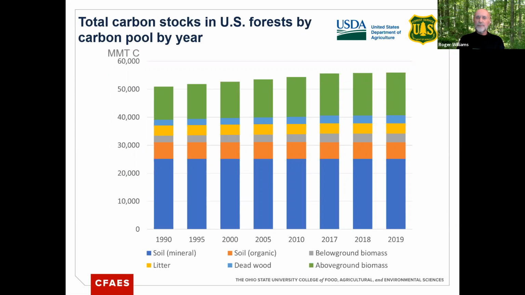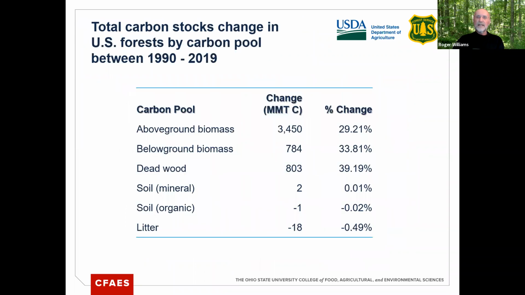The soil carbon pool, which by far has the greatest amount of carbon stock, saw very little change over this period of time. In fact, the greatest increases were found in the above and belowground biomass and the amount of deadwood in these forests, looking at the breakout of these carbon stocks by the carbon pools.